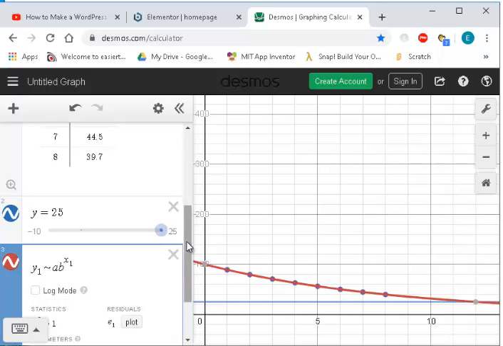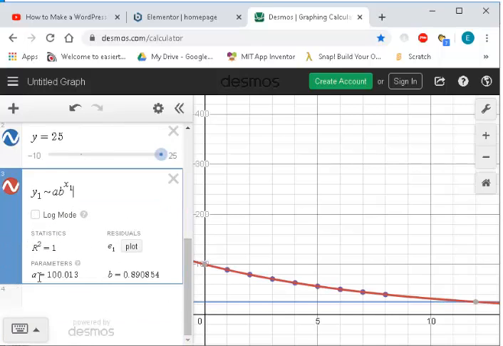So this gives us the equation, and you can see that the r squared here is 1. This means that it's the best fit. This equation is the correct equation here. And here is the point of intersection. This means that I need 25 glasses to reduce the amount of light that passes through the glasses to 25%.